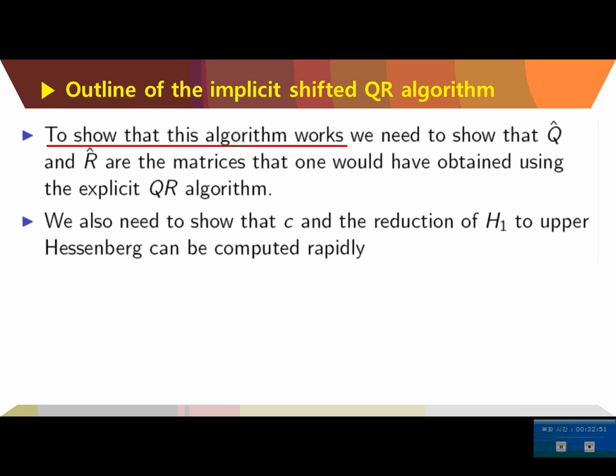We can shift and do the QR algorithm, or we can use the Householder transformation. And there are many variations using the same method. We also need to show that C and the reduction of H1 to upper Hessenberg form can be computed rapidly. So after we have the Hessenberg form, we can easily find the eigenvalues and eigenvectors.